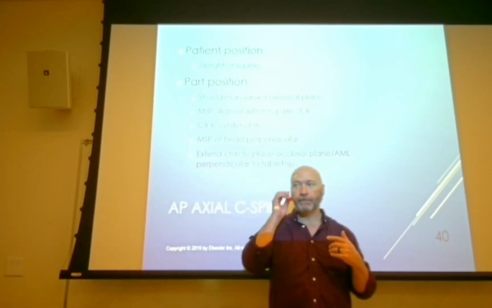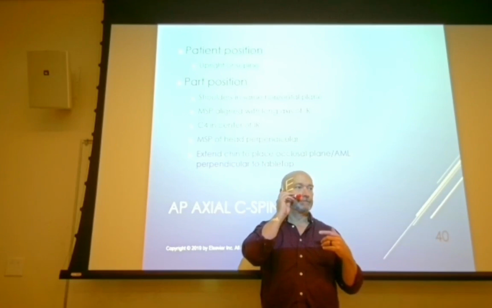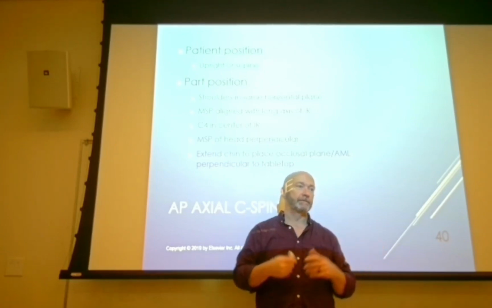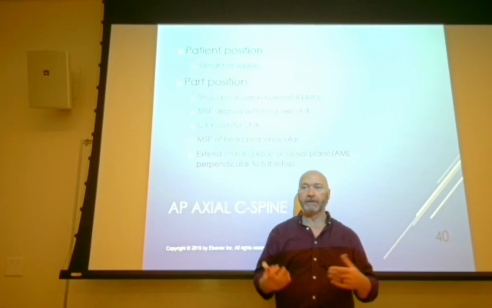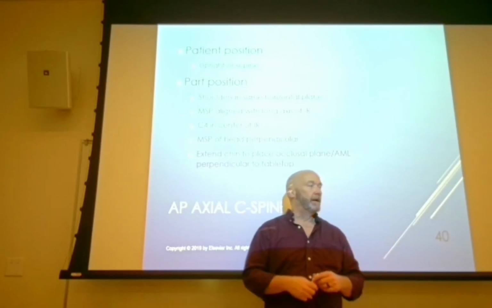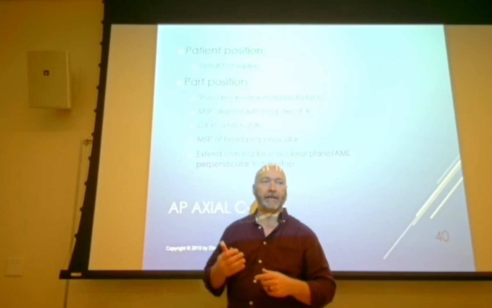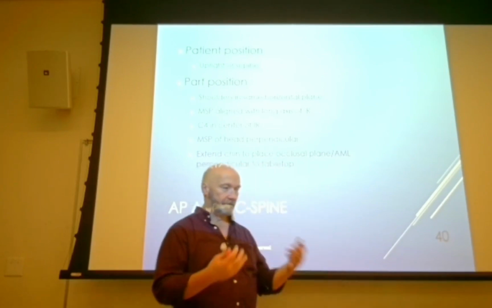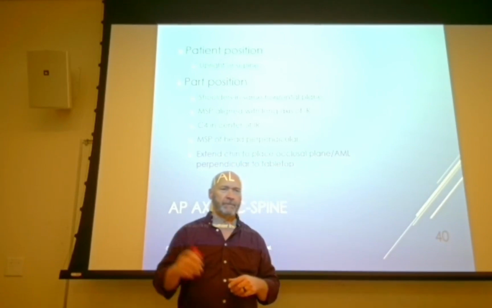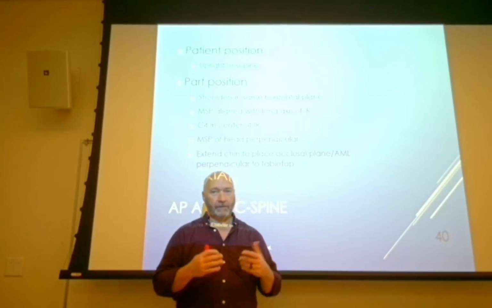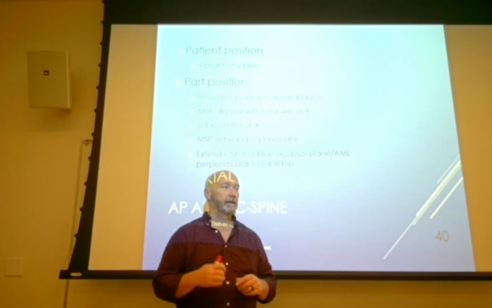It needs to be perpendicular to the image receptor. So what if the patient's in a collar? You can't move the patient if they're in a collar. You're going to see some weird things if you're involved in a trauma situation. A lot of times they're going straight to CT now, which is probably a good thing.